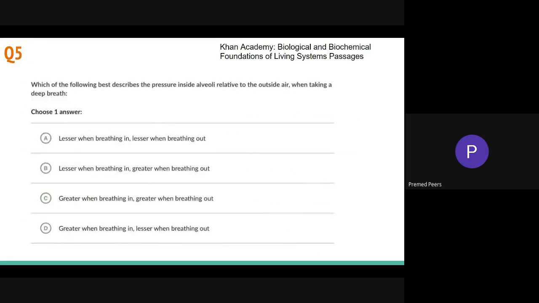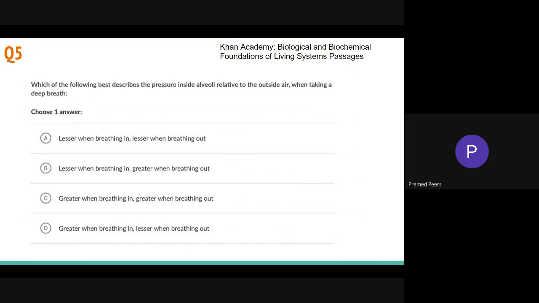Which of the following best describes the pressure inside alveoli relative to the outside air when taking a deep breath? So in order for that oxygen to rush in, it wants to go down its pressure gradient. So that means we must start at a lower pressure. So we will get lesser when breathing in.